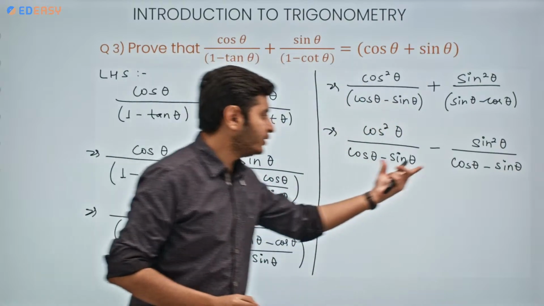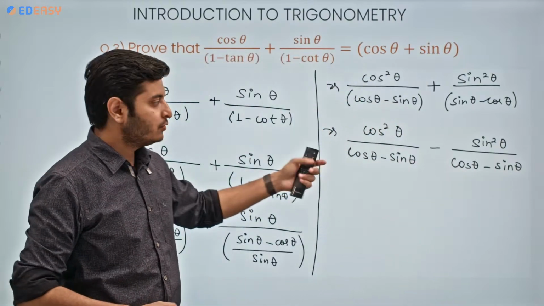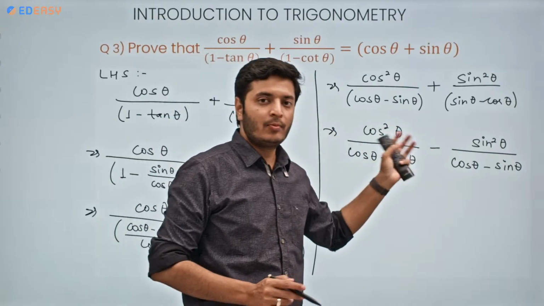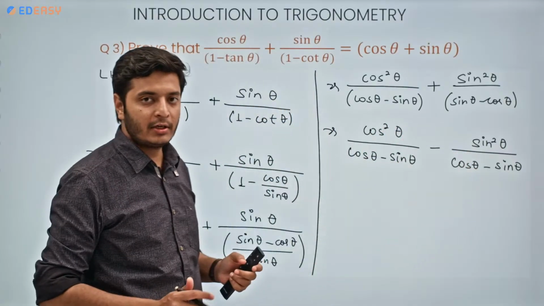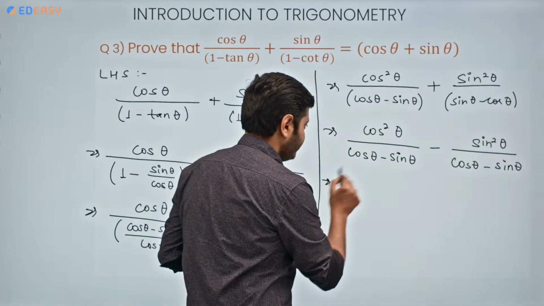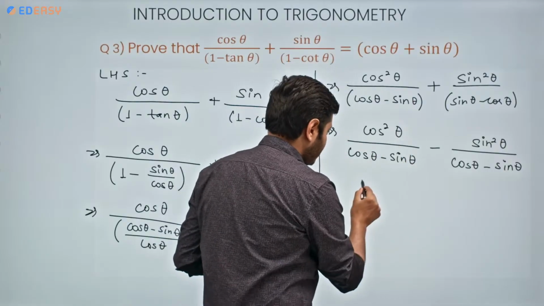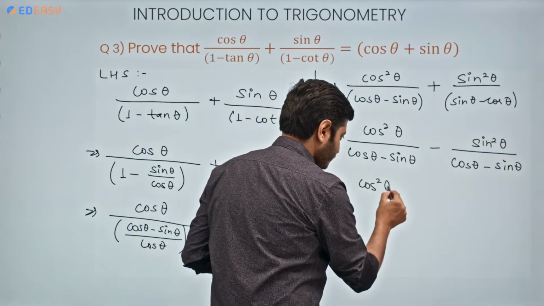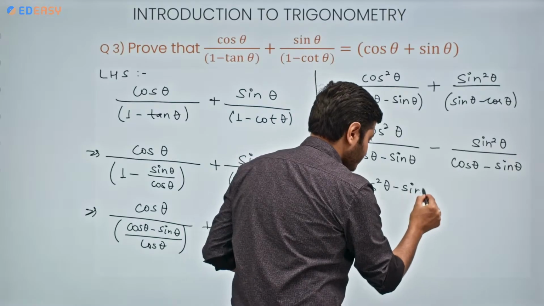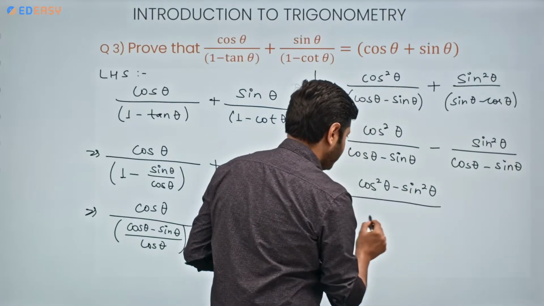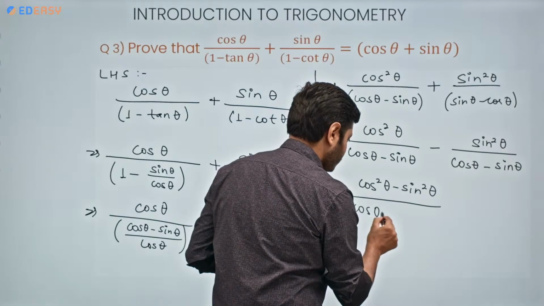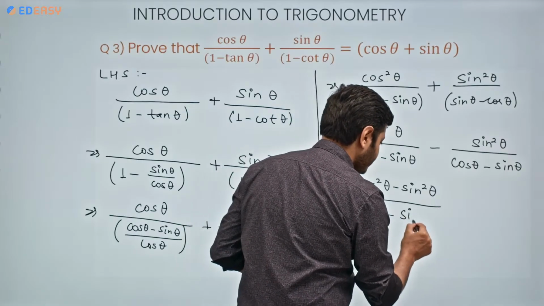Correct? Now the denominators are equal, so we can perform the operations on numerators directly. So it will become cos square theta minus sine square theta divided by cos theta minus sine theta.